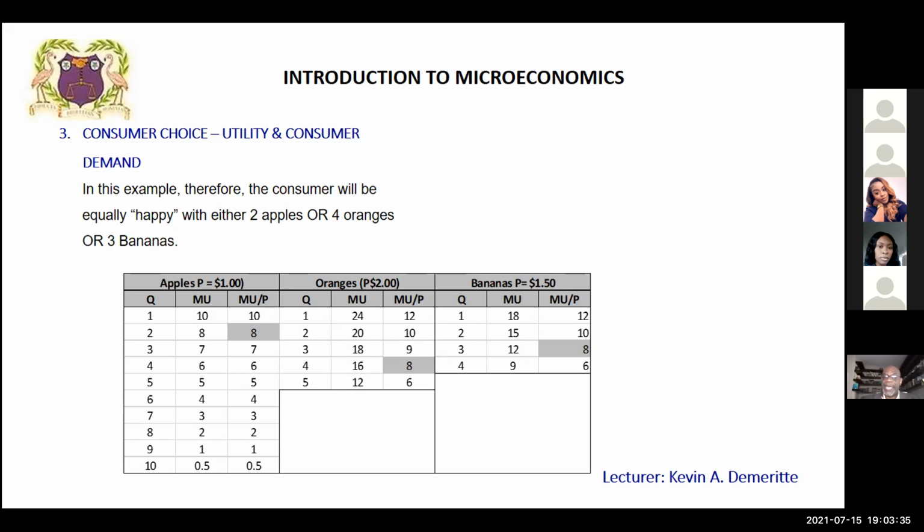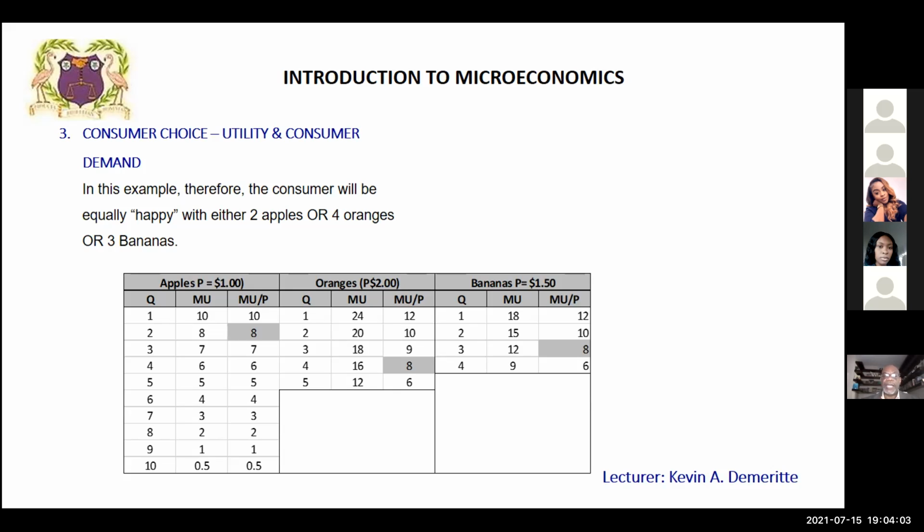The consumer can get 8 units of satisfaction for every dollar spent if it purchases 2 apples, and it can get 8 units of satisfaction for every dollar spent if it purchases 4 oranges, because it really likes oranges, and it can get 8 units of satisfaction for every dollar spent if it purchases and consumes 3 bananas.